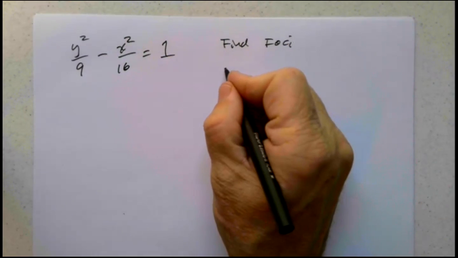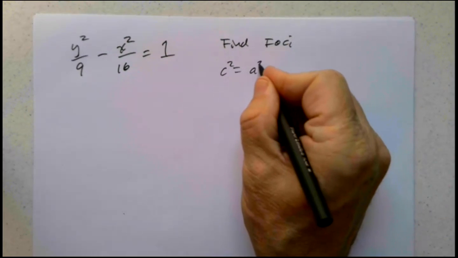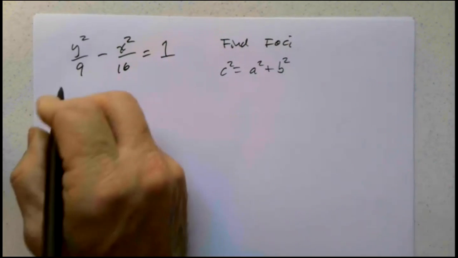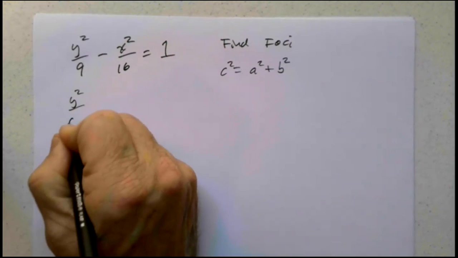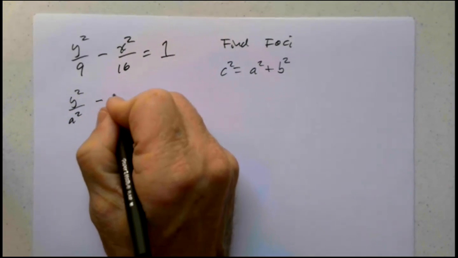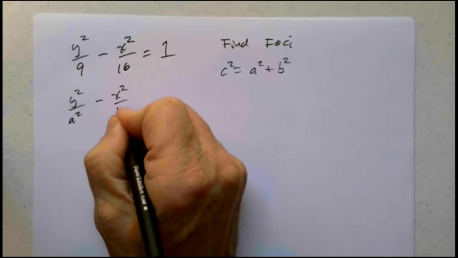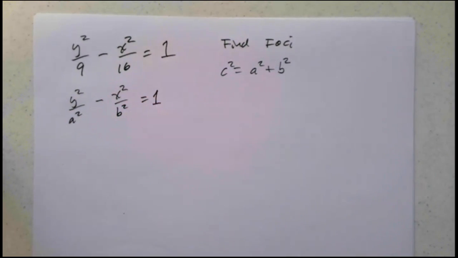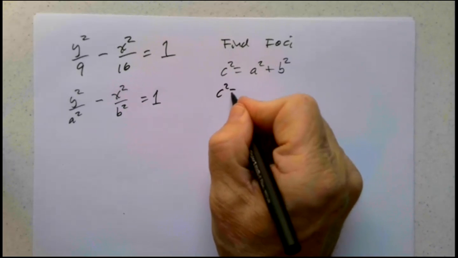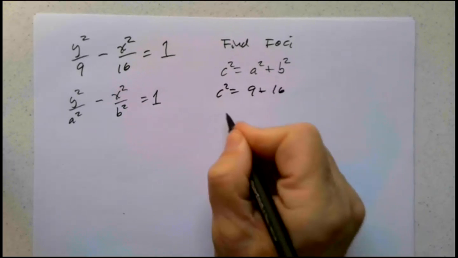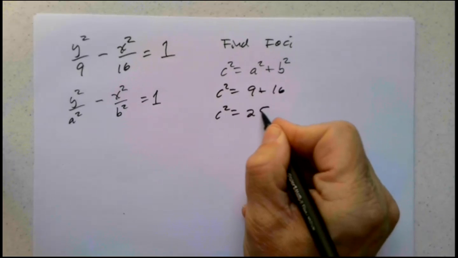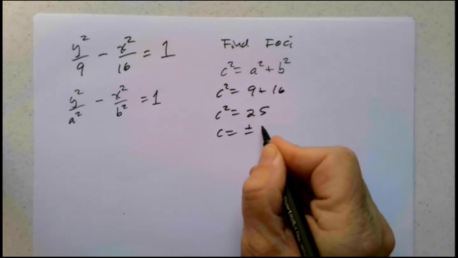So our rule here is going to be c squared is a squared plus b squared. Remember, this is our general form, y squared over a squared minus x squared over b squared is 1. So a squared is 9 and b squared is 16. So I get c squared is 9 plus 16. c squared is 25. c is plus or minus 5.